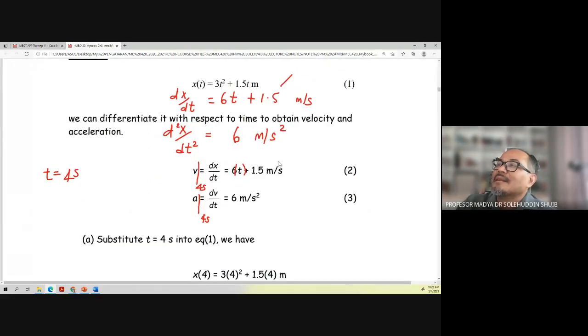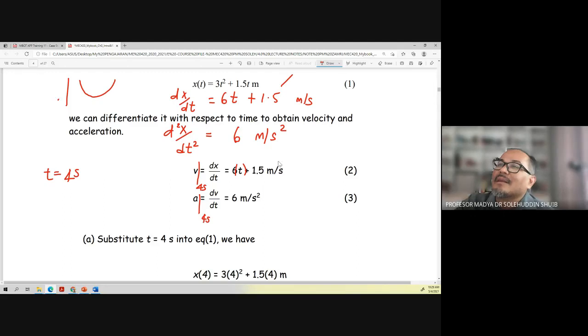This equation, we learn in mathematics. If t square, how does it look like? You solve this one, t square. Okay. You equate this to 0, so you can plot the graph. Okay. This is concave down. And so you can plot the graph. And then you differentiate, you get the velocity. We only have 6t, so this is linear.